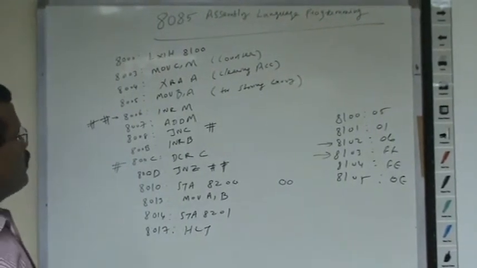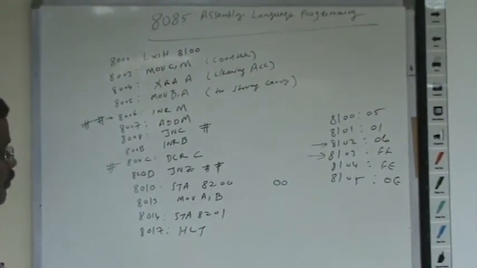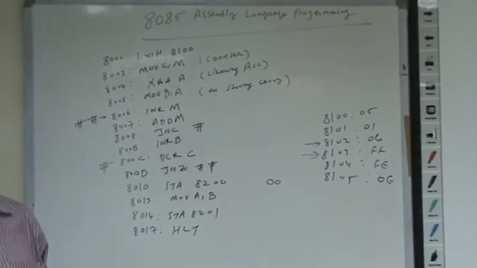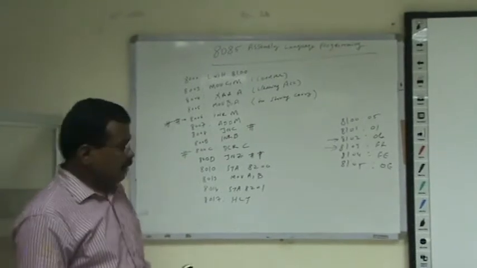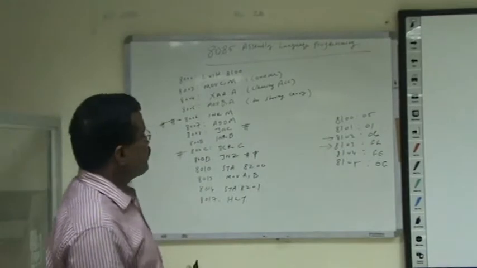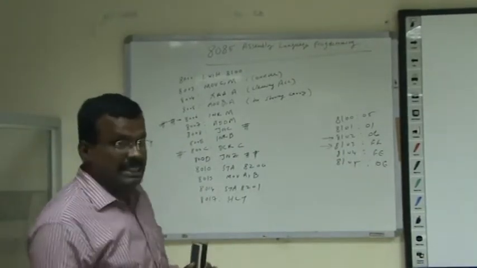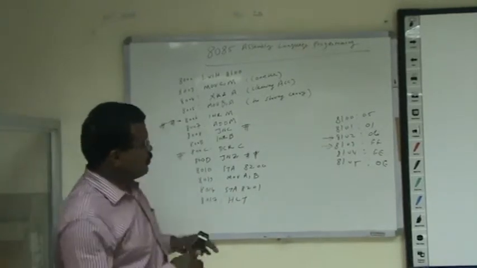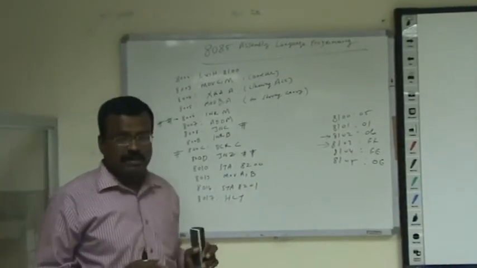Now the question may be, add a set of decimal numbers. Suppose the question is, write a program to add a set of decimal numbers. In the previous case, generally in an assembly language program, if you type a number, it will be taken as a hexadecimal number.